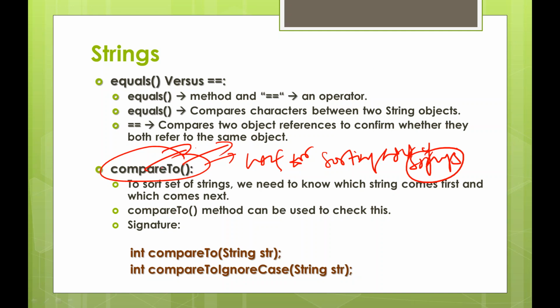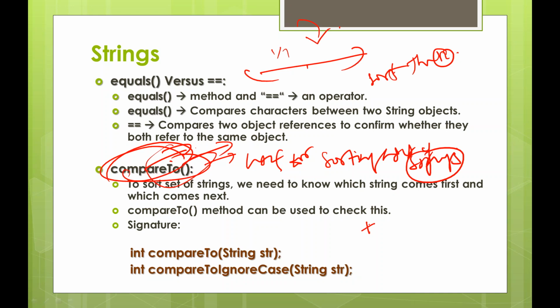Try to take a number of strings, use any sorting algorithm, and try to sort the strings in the array using the compareTo method. We know that when you use compareTo, the return type is always int. The result will be positive, 0, or negative, as we discussed in our last session.